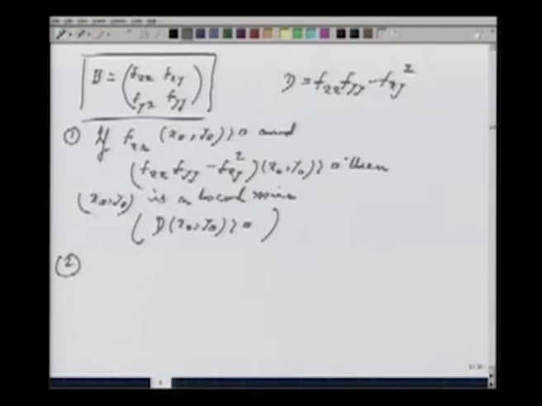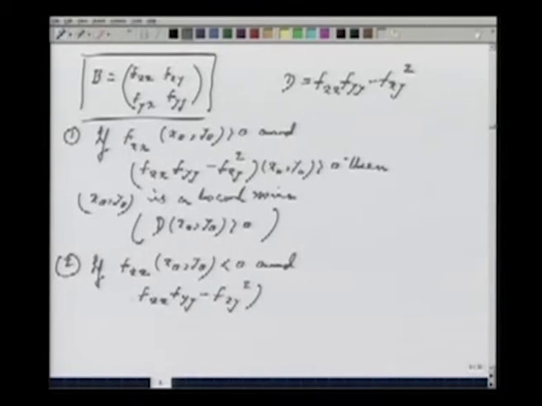Then I got the second condition, that if fxx at (x₀, y₀) is less than 0 and fxx fyy minus fxy² at (x₀, y₀) is bigger than 0, then (x₀, y₀) is a local maxima.